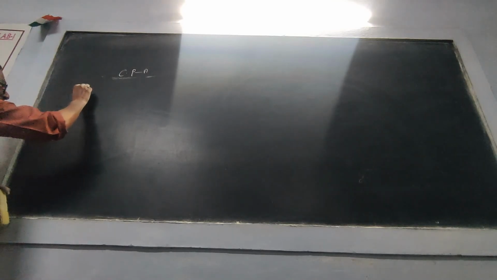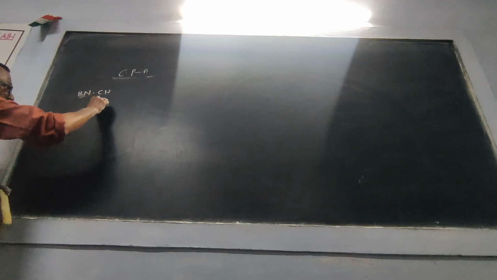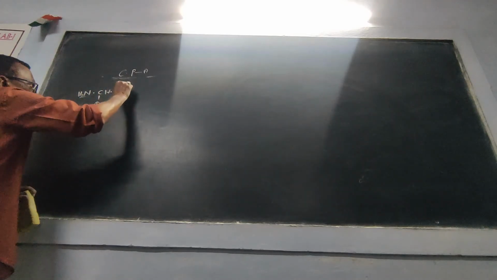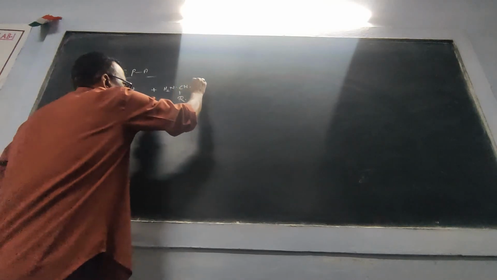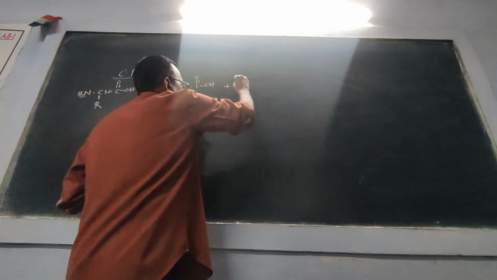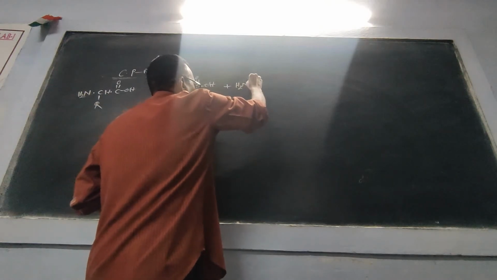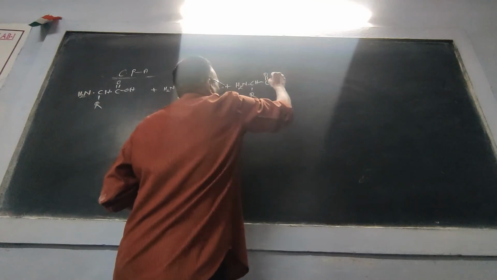Now I am writing here NH2, CH, R, then COOH. Another amino acid I am writing NH2, CH, R, COOH. Plus another third one, say NH2, CH, R, COOH.